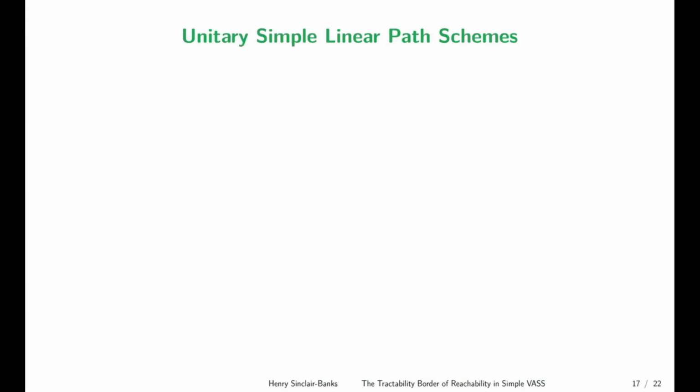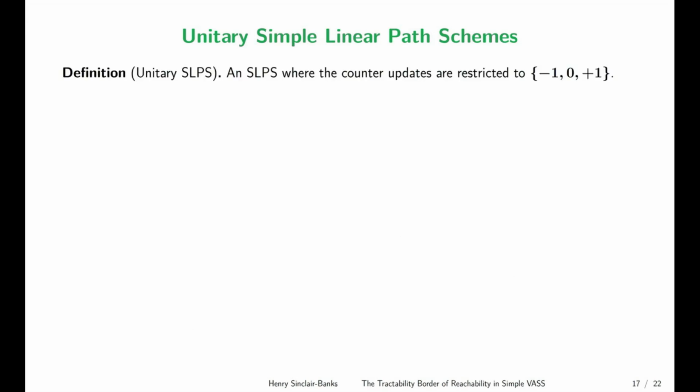The third was about unitary simple linear path schemes. What on earth is going on here? I wasn't done on my quest for a simple system. So I'm going to say that a unitary simple linear path scheme is a VASS where the updates are restricted to really just be not even unary, but +1, 0, or -1. Normally that's the same thing as unary because you can have an update +5 be simulated by 5 +1s in a row.